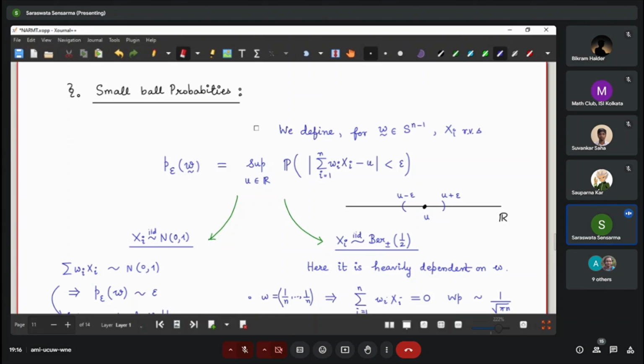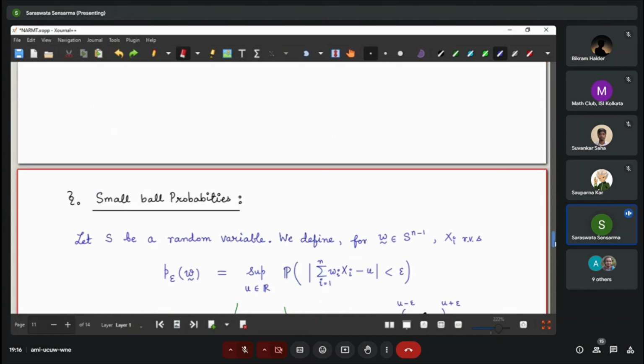So I wrote a definition twice, but anyway, let's say S is a random variable, and it takes values in R. So what we define is the probability of S minus U being less than epsilon, and we look at the supremum over it.